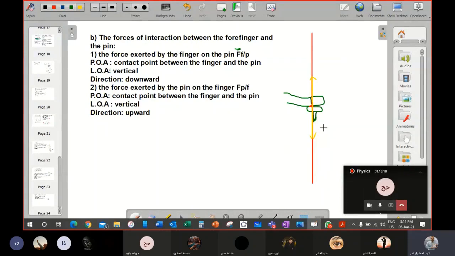This is the force F, small f on P, and this is the force F, small p on small f. Okay, this is part B.